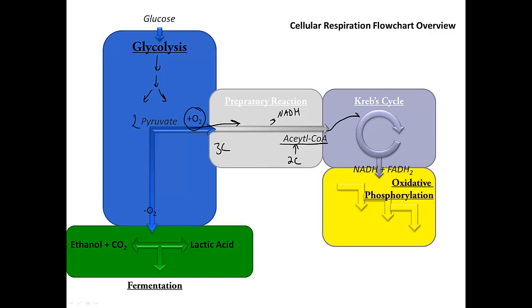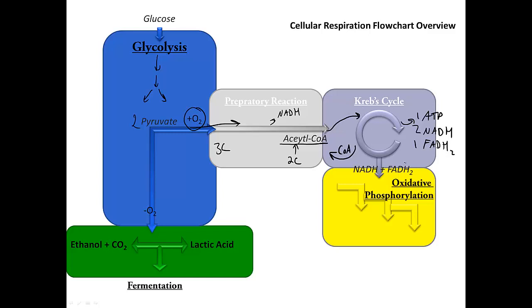Acetyl-CoA is fed into the Krebs cycle, which produces 1 ATP, 2 NADHs, and 1 FADH2 per each acetyl-CoA molecule. CoA acts as the shuttle. It's a coenzyme. It's not used up in the reaction, but just keeps ferrying acetyl groups from the prep reaction to the Krebs cycle.